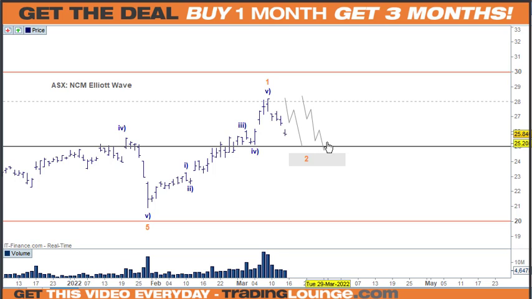Because if we get 5 waves here, then we're going to get an ABC pattern coming in, and then we're going to get another 5 coming in. So that's the difference at that point. We need to figure that out. But I don't have any price action here to view that. But that's what we need to be looking at.